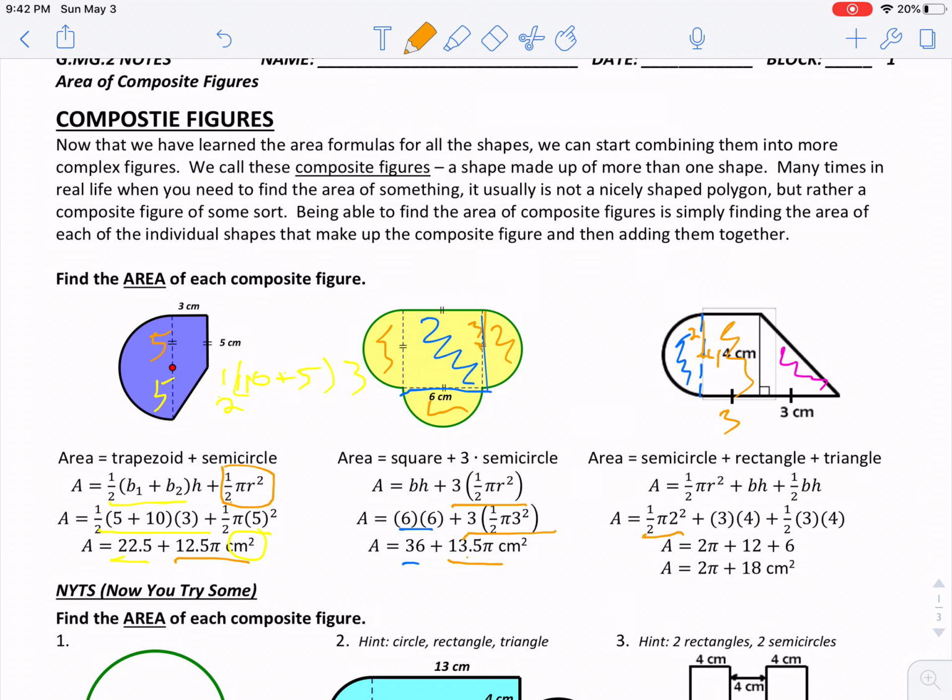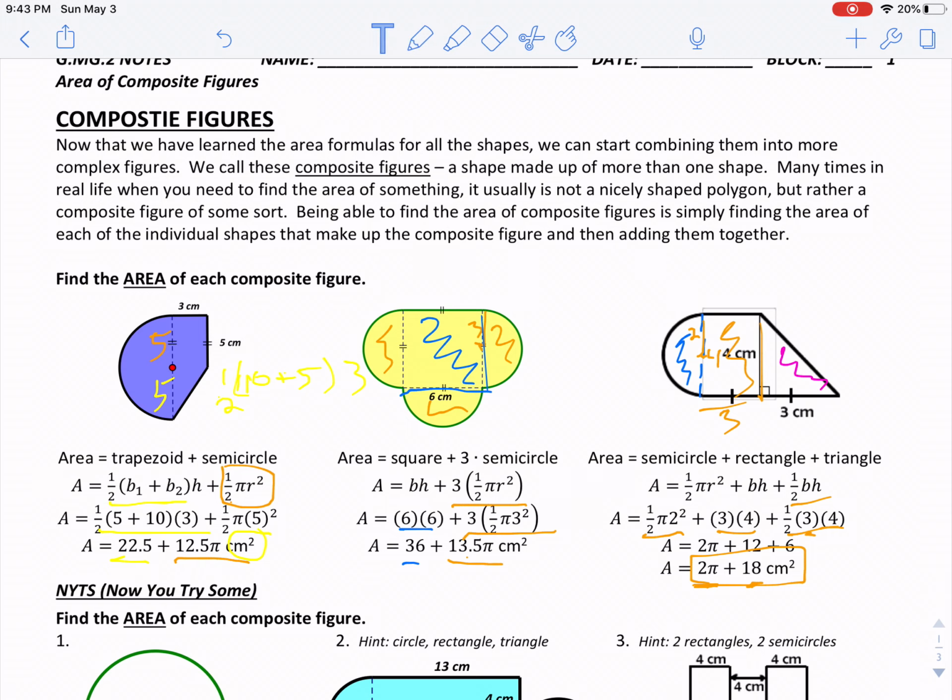We get 3 times 4 for the rectangle. And the area of a triangle is 1/2 base times height. So the height is 4 and the base is 3. So 1/2, 3 times 4. When they multiply all that out, we get 2 pi plus 18 centimeters squared. Just like when we were talking about perimeter of composite figures, they keep the pi part and the whole number part separate because the pi makes them not like terms.